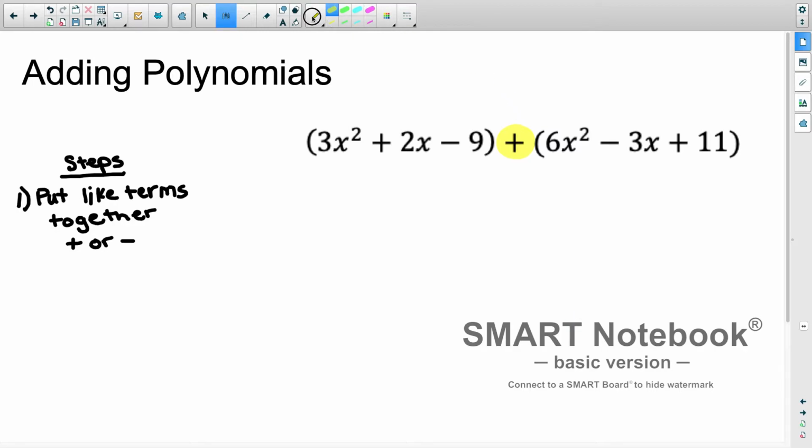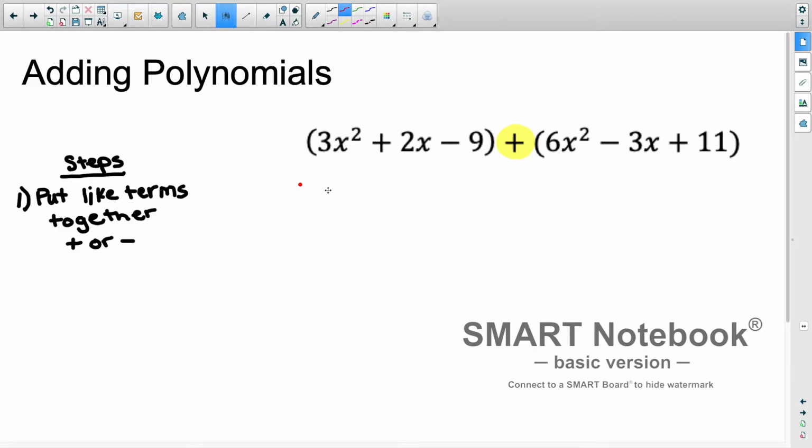Okay, so when we look at this, which parts are like terms between this first polynomial and the second? Which ones can we put together? 3x squared and 6x squared.